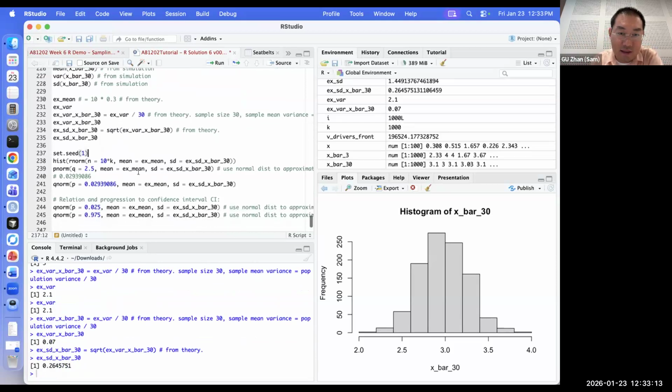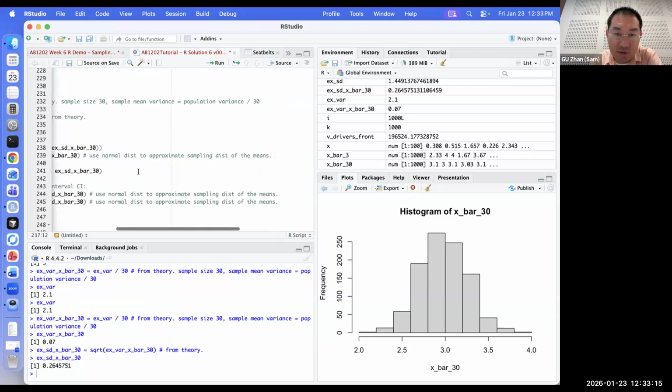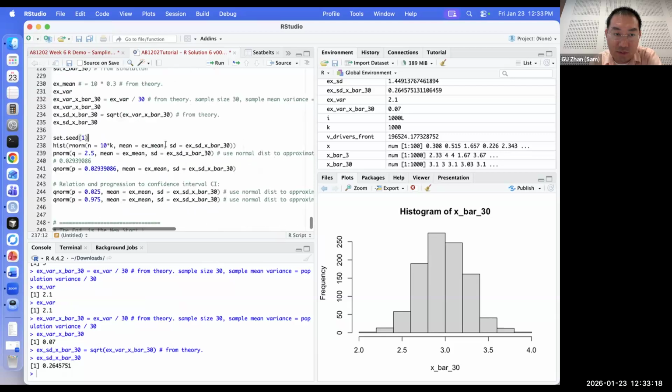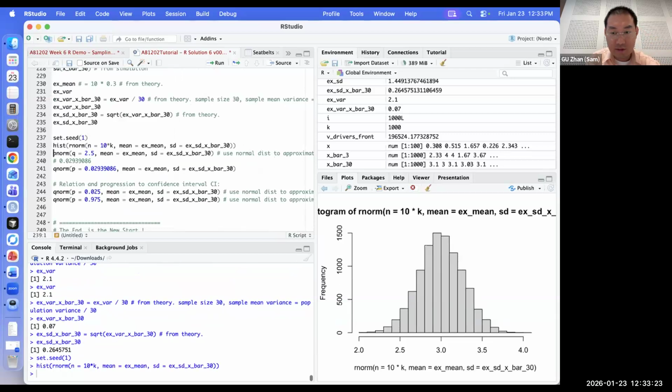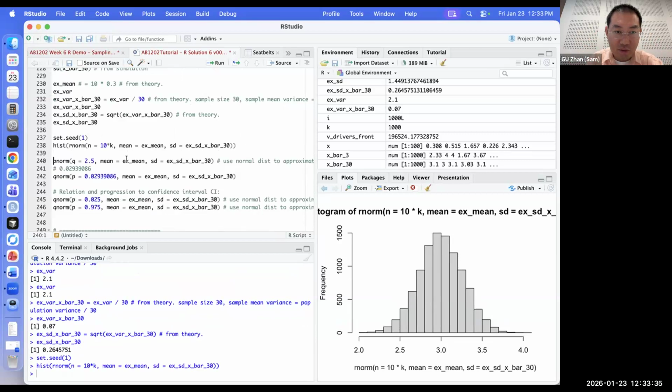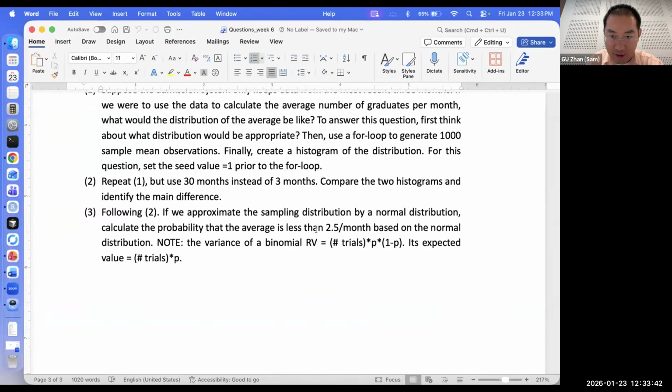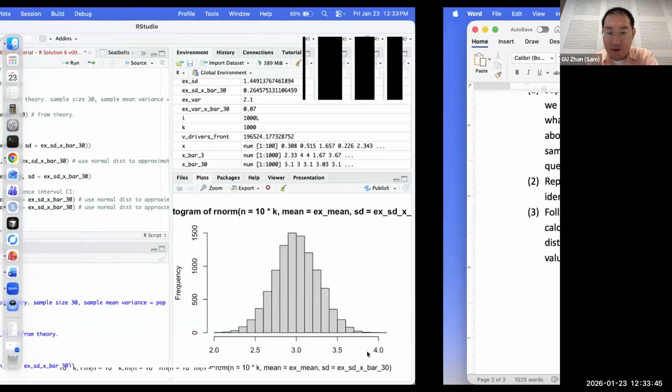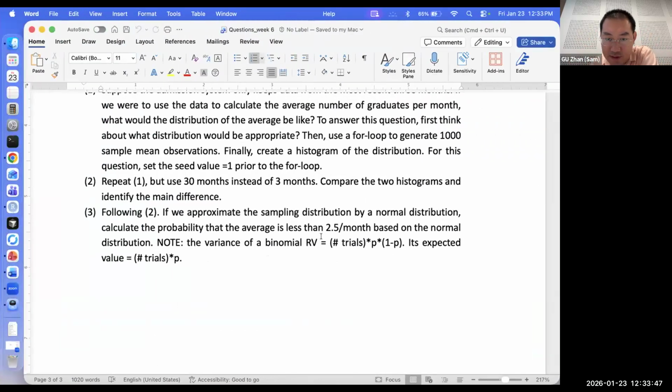Okay, so next is to use normal distribution to approximate the sampling distribution of the mean. First, let you have a look. This should be the theoretical sampling distribution. Now, with this, we are going to calculate the probability that the average is less than 2.5.